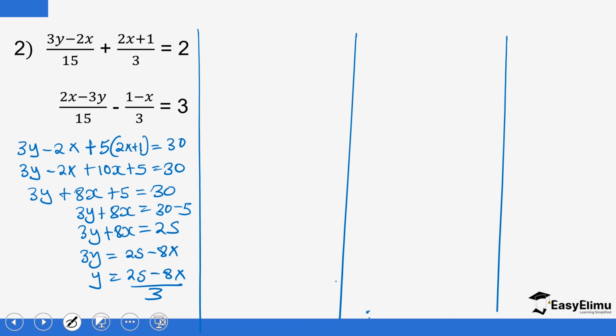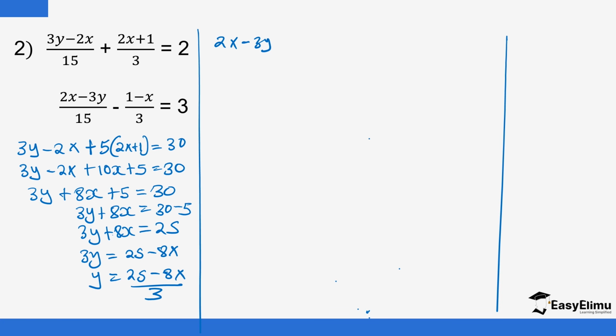So we'll get 2x minus 3y, and then multiplying the first term by 15, the second term by 15, 3 goes into 15 5 times. So we have minus 5 into 1 minus x. And of course, the last term multiplied by 15 will be 45.